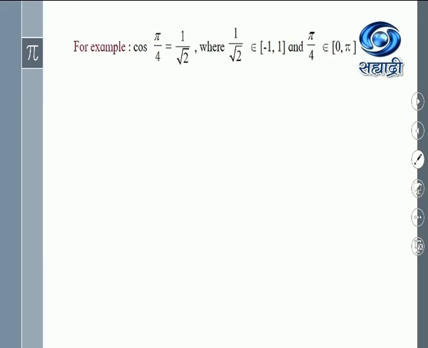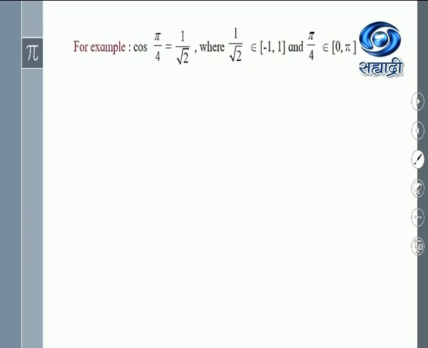Now we'll take one example, cos pi by 4. You know cos pi by 4 is cos 45 degrees, which is equal to 1 upon root 2. Now we'll have to check whether this value and this value belong to the restricted interval or not. What are the restricted intervals we got?